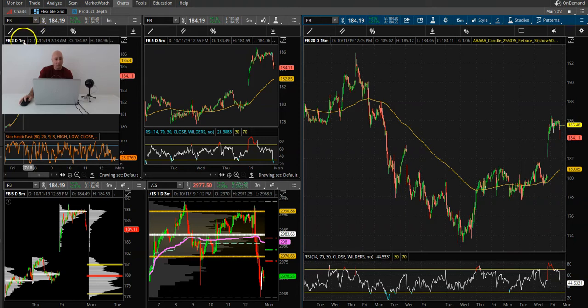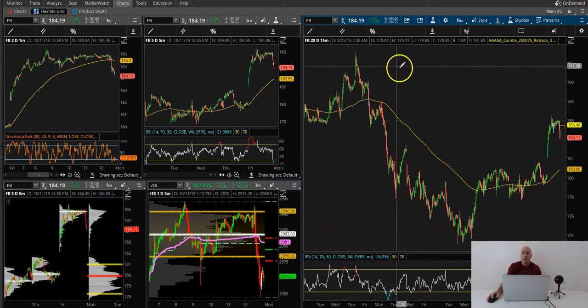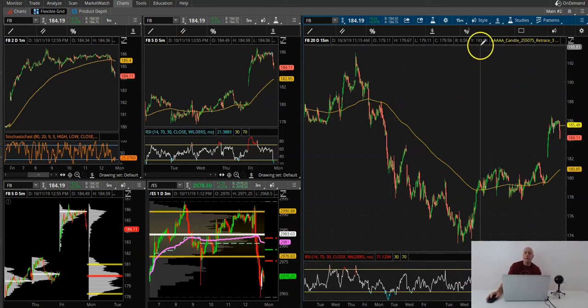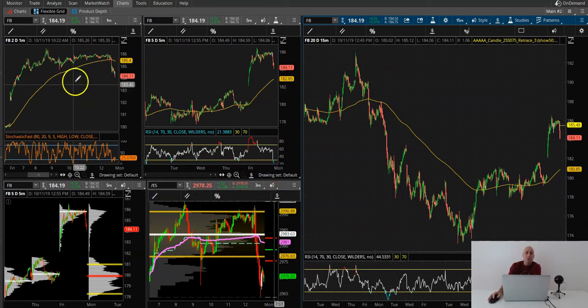Let's move this down here. So right here, this is maybe a good day trading chart if you're looking for intraday trades, a good type of layout. What you have here is we're looking at Facebook, and we have a 1 minute chart, a 5-day 5-minute chart, and a 20-day 15-minute chart.